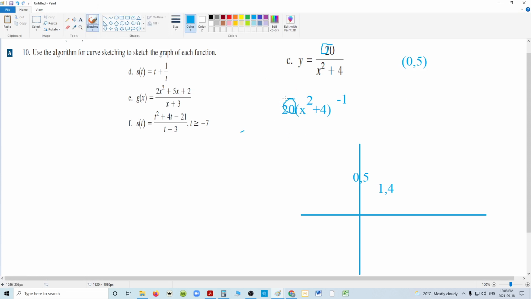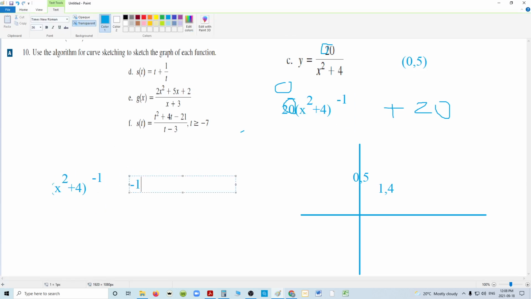Well, the derivative of a number is 0, so the derivative of the first part will just come out 0. In the second part, you take 20, and you multiply it times the derivative of that. If I take it separately as f of x, you do the chain rule. You bring the minus 1 down, you get x squared plus 4, and you lower the exponent to minus 2.